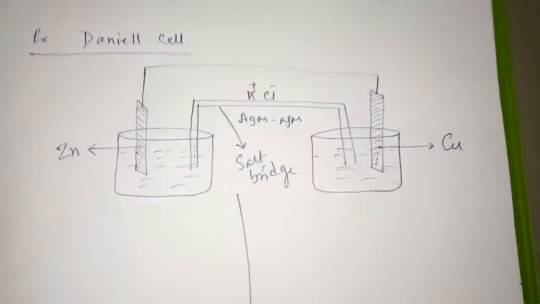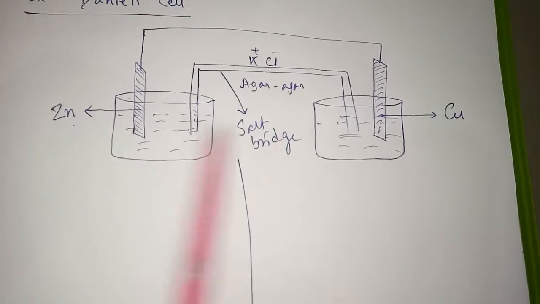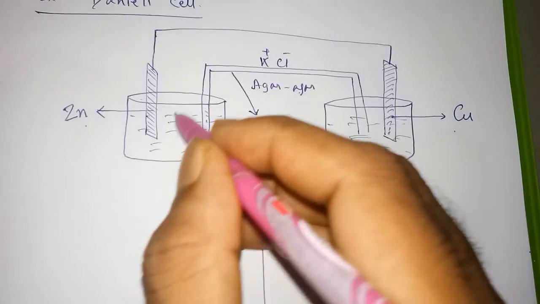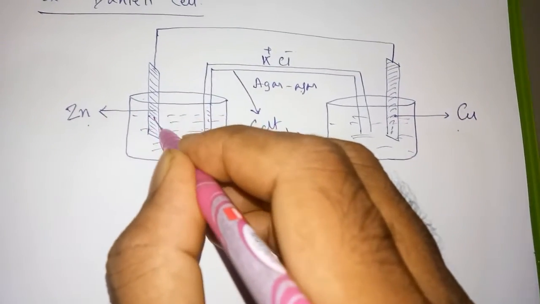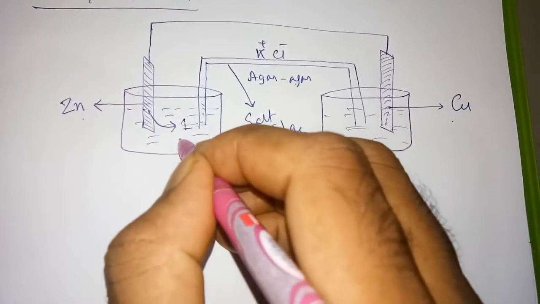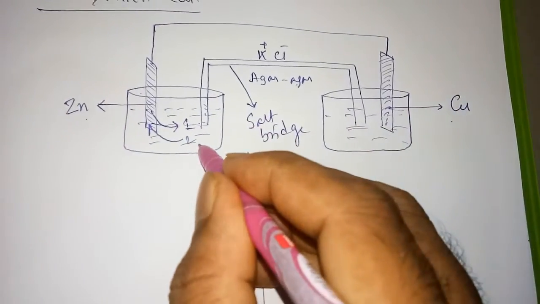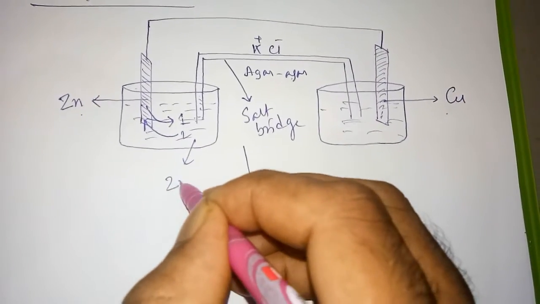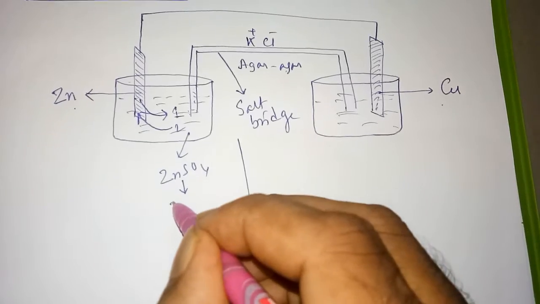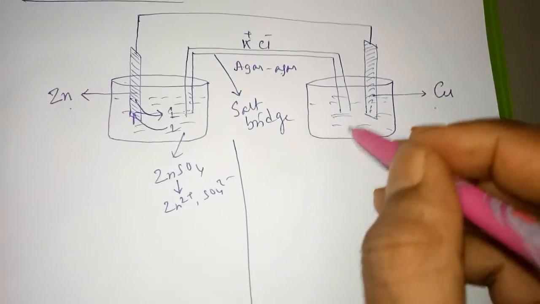Now student, we know in the reactivity series zinc is more reactive than copper. So there are two reactions that take place, one from the rod, this is number 1, and from the solution, this is number 2. Now this one contains your ZnSO4 solution, which converts to Zn dipositive, SO4 dinegative.